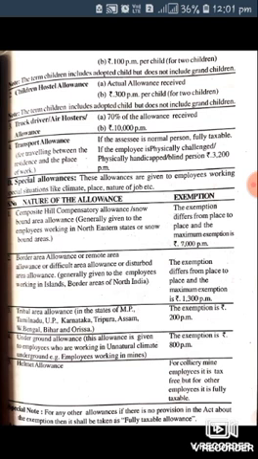The exemption differs from place to place, and the maximum exemption is 7,000. Border area, remote area, difficult area or disturbed area allowance is generally given to employees working in islands, borders and areas of North India. This exemption differs from place to place again, and the maximum exemption is 1,300 per month.